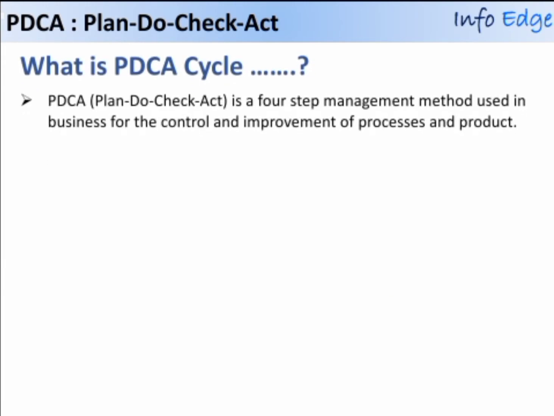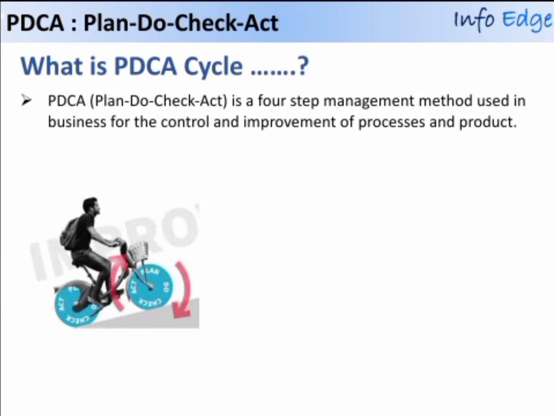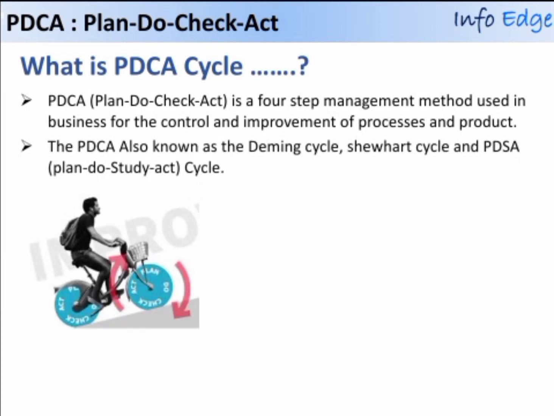What is the PDCA cycle? The PDCA cycle is a four-step management method used by businesses for the control and improvement of the process and the product efficiency. So the PDCA cycle is a cyclic method.